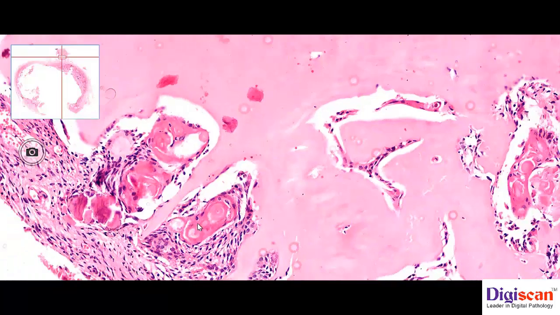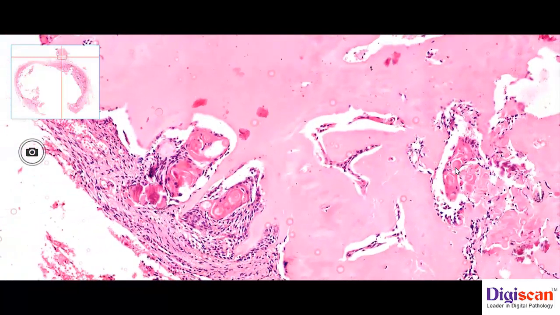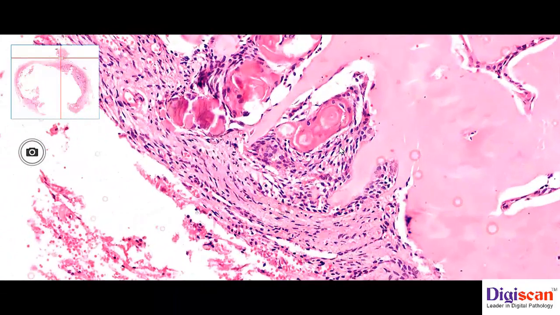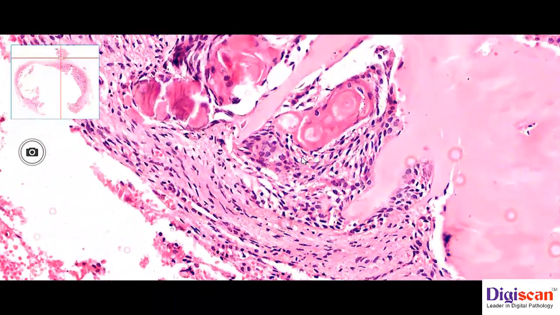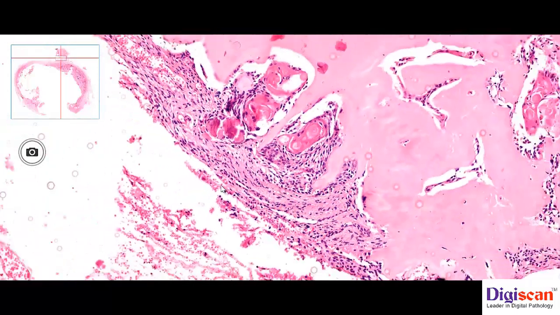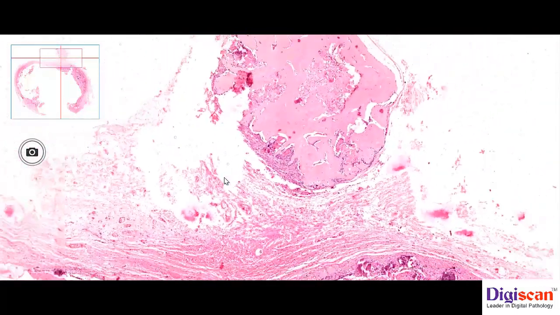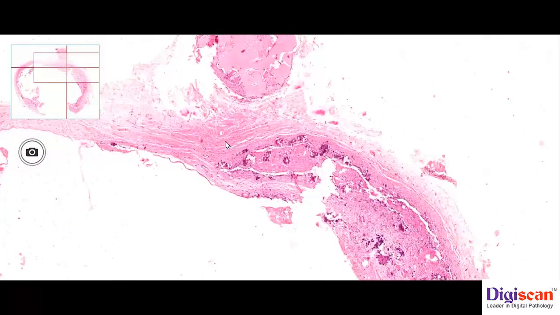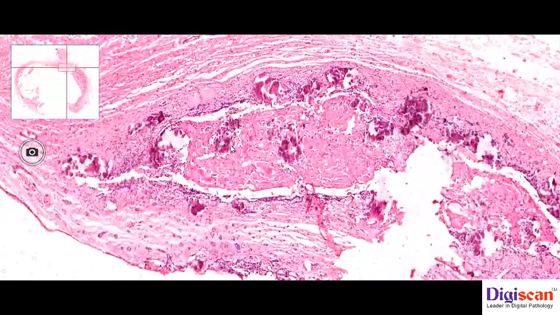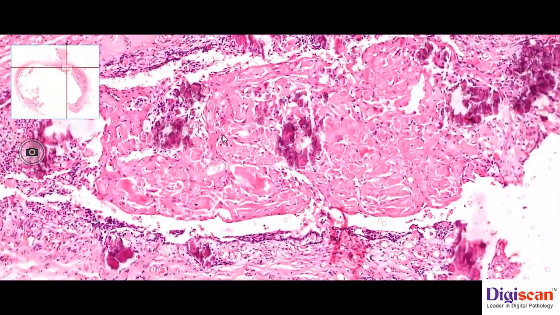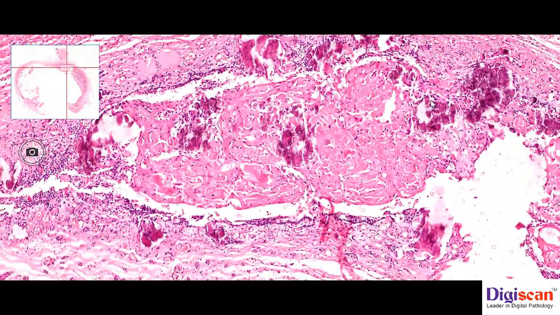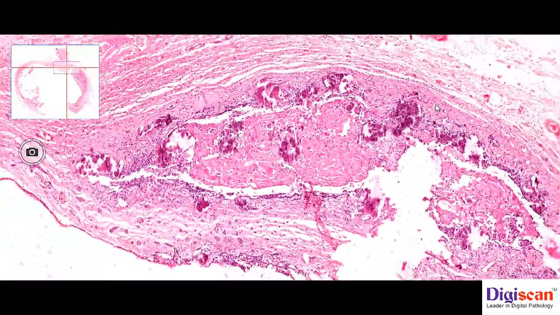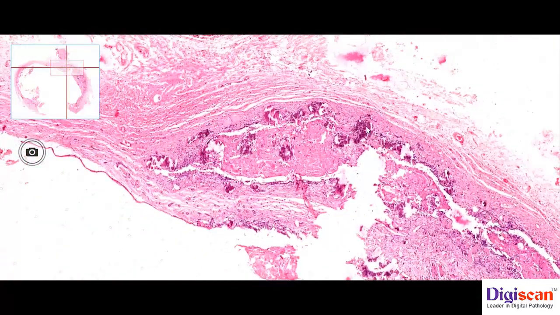These are ghost cells, masses of ghost cells here, here, and these masses are surrounded by ameloblastic epithelium. Here we can see ameloblastic epithelium. And if we come to the cyst wall mural nodule, this is made up of collections of ghost cells and massive calcification of the cells.